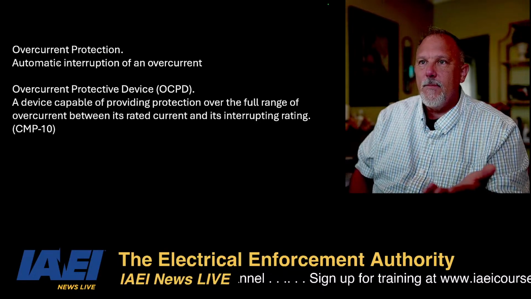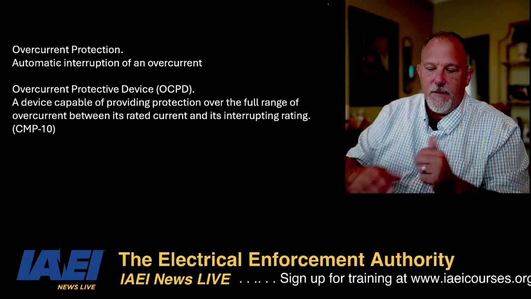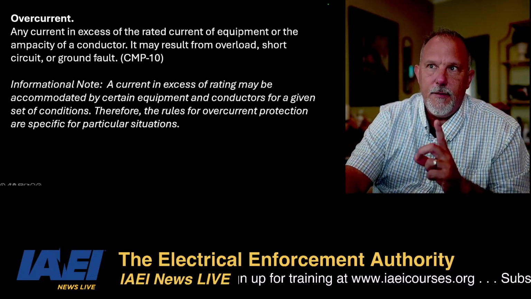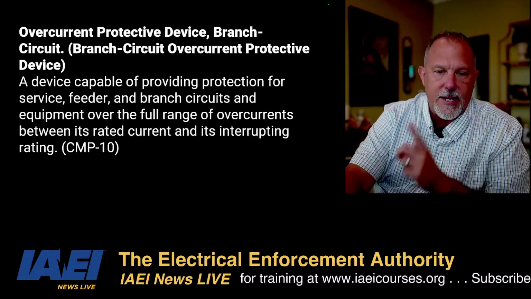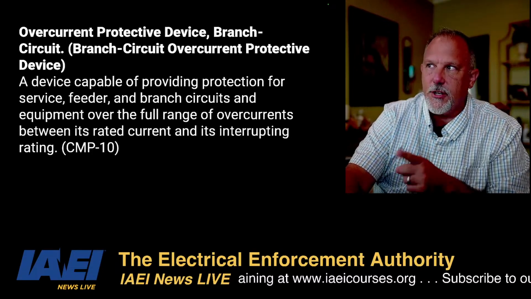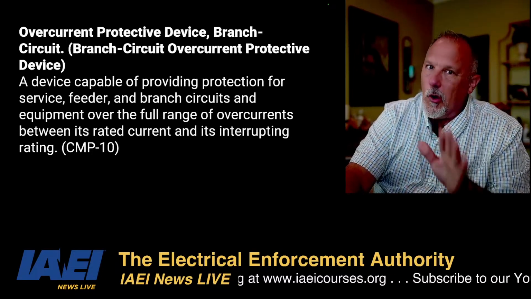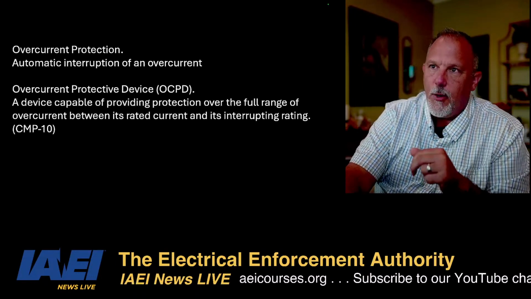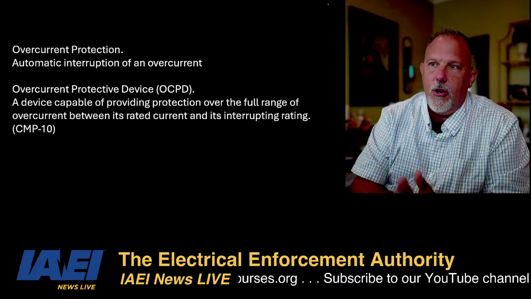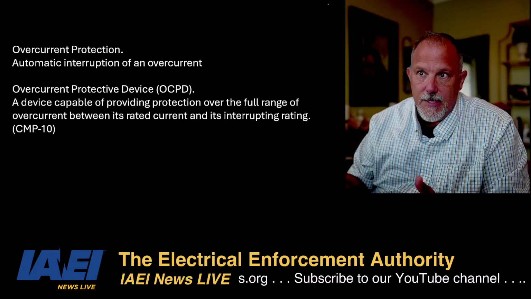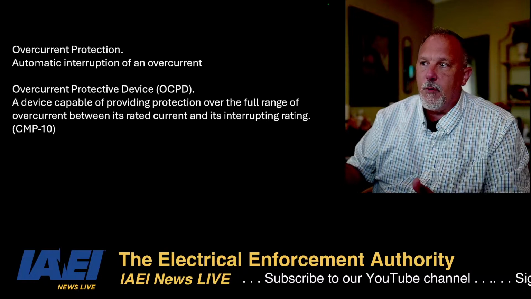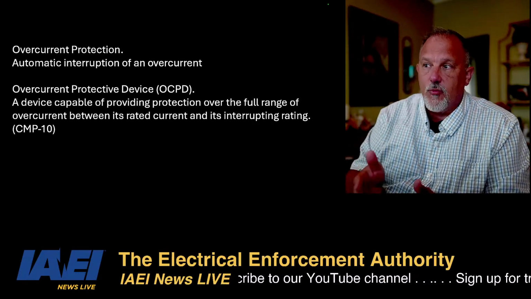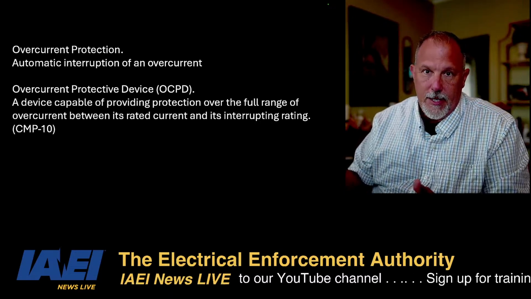But remember, all of this began with the definition of overcurrent protective device. That branch circuit overcurrent protective device, we're hoping, crossing our fingers, that we can replace with just overcurrent protective device, which is a device capable of providing protection over the full range of overcurrent between its rated current and its interrupting rating.